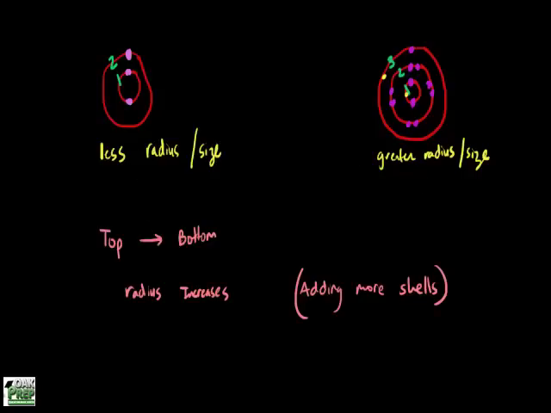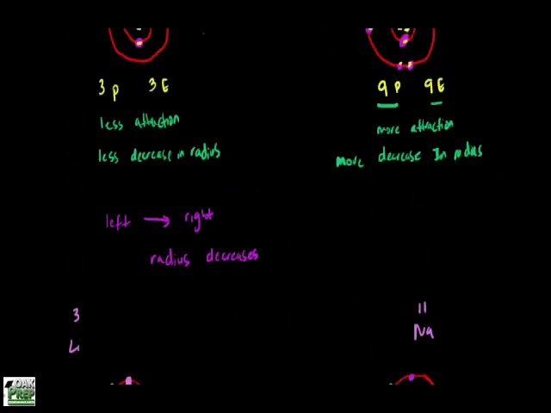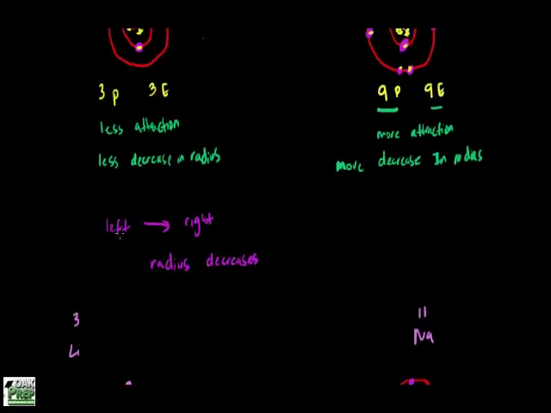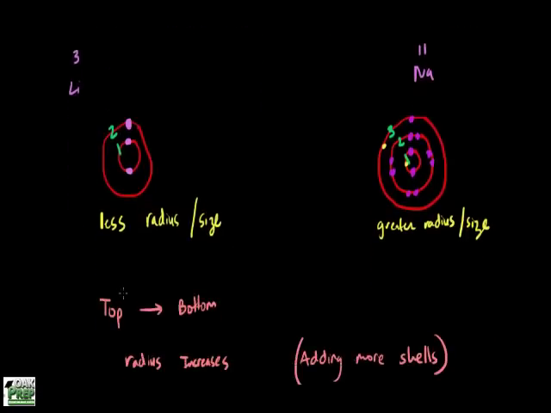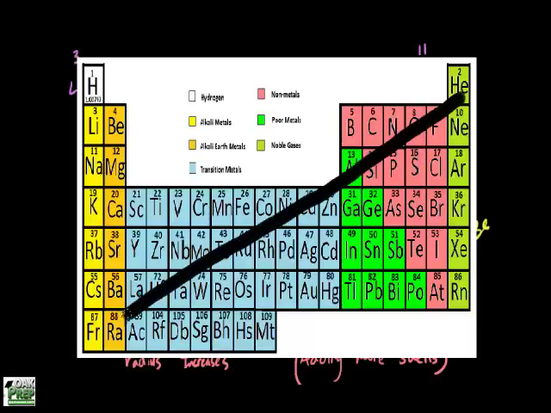So let's combine these two rules we learned here. So as you go from left to right, the radius decreases, and the other one we just learned is as we go from top to bottom, the radius increases. So let's take out our periodic table and let's combine those two, so our arrow we can draw in this direction.